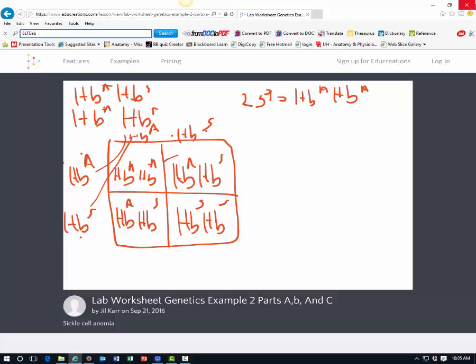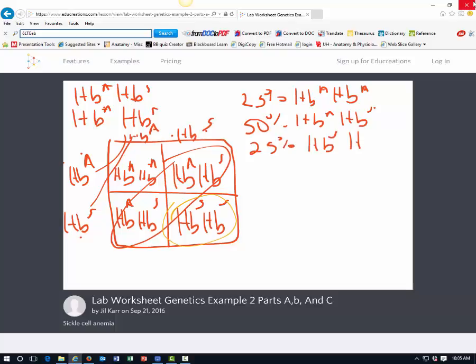So 50% are going to be heterozygous, so 50% will be HBA, HBS, and 25% here are going to be HBS, HBS.